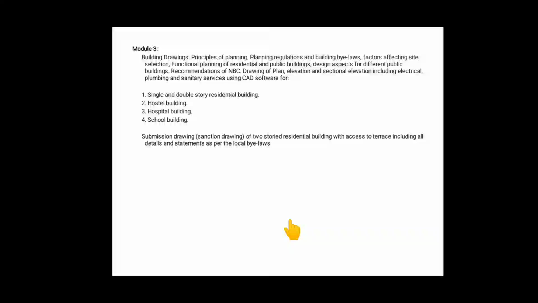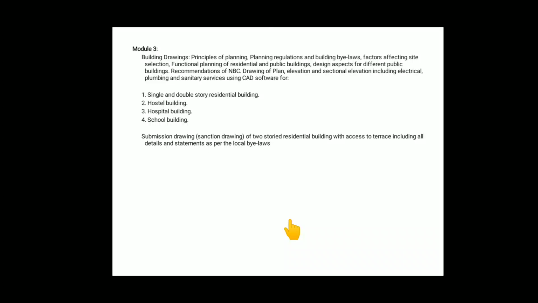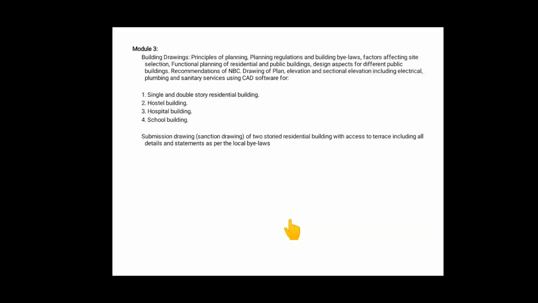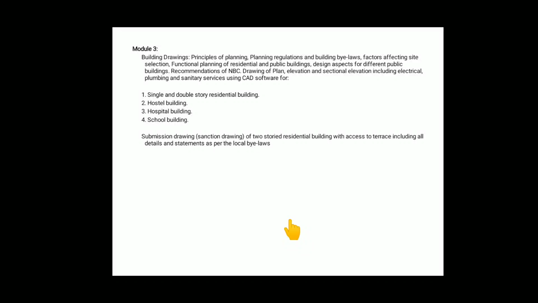In the third module, you are going to study the entire building: principles of planning, regulations and building bylaws, factors affecting site selection, functional planning of residential and public buildings, design aspects for different public buildings, and recommendations as per the National Building Code.